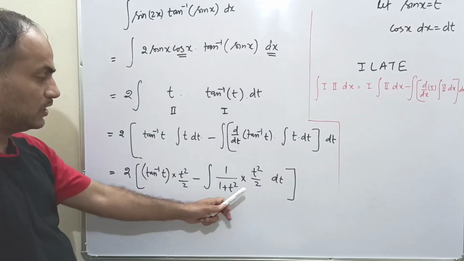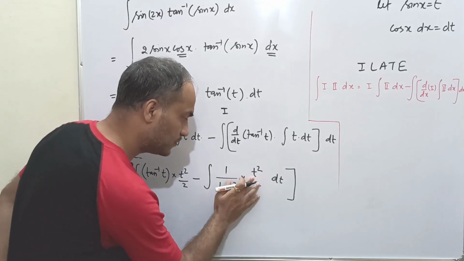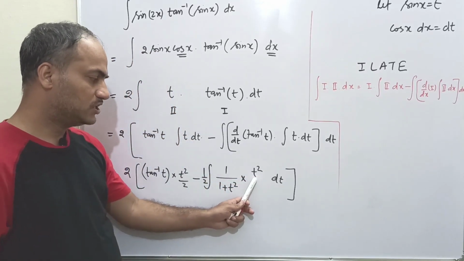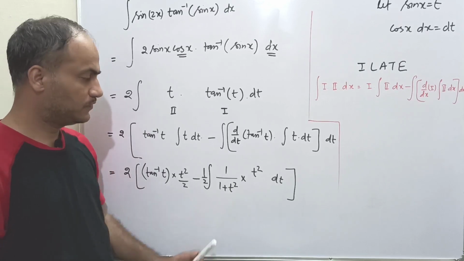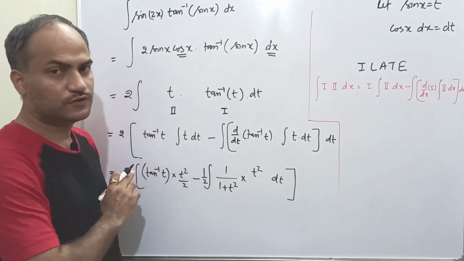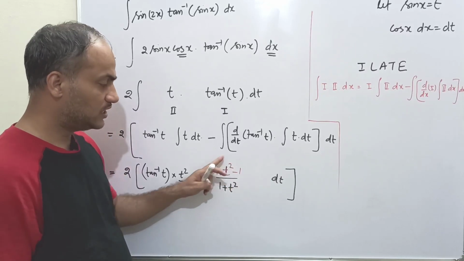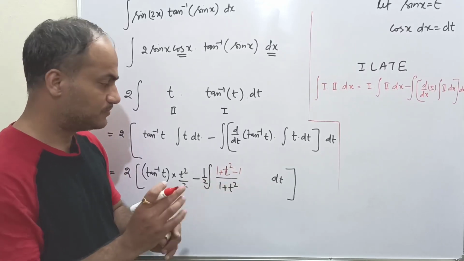Once again integration. The constant 1 upon 2 can be taken out. Now we have the term t square upon 1 plus t square. What can we do for this? We can add 1 and subtract 1 to make some adjustment.